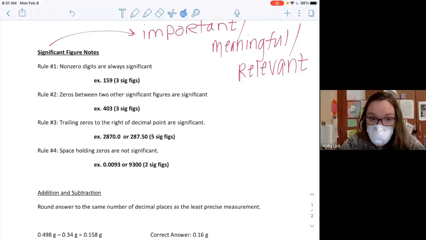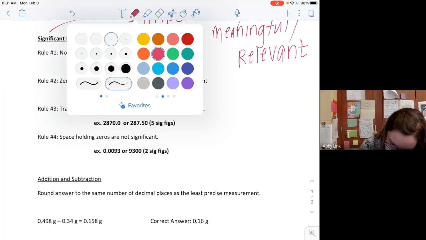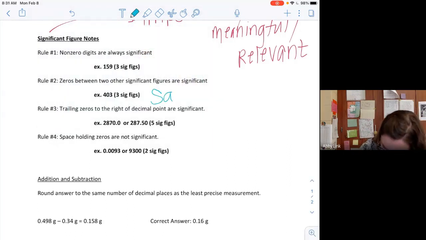Now all we really have to worry about are the zeros. How do I figure out if a 0 is significant? We have 3 rules here for zeros. Rule number 2 says zeros between 2 other sig figs are significant. I like to refer to this as the sandwich.